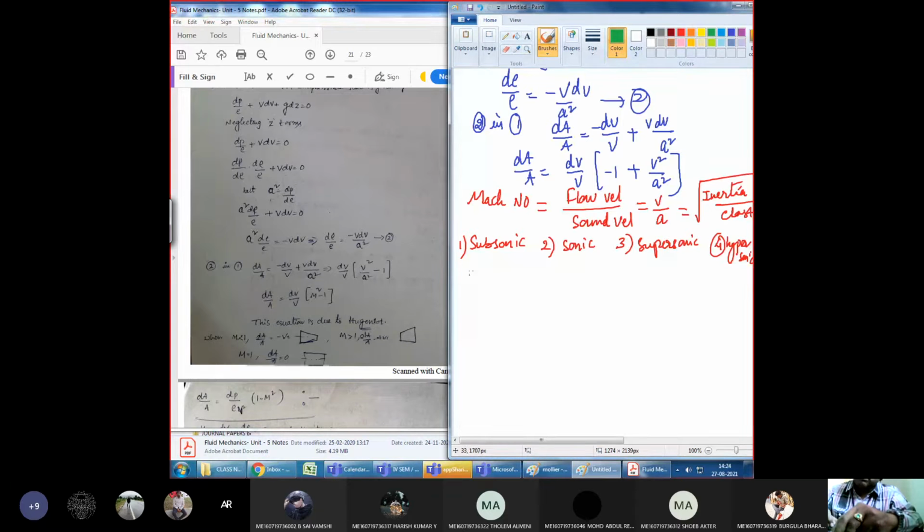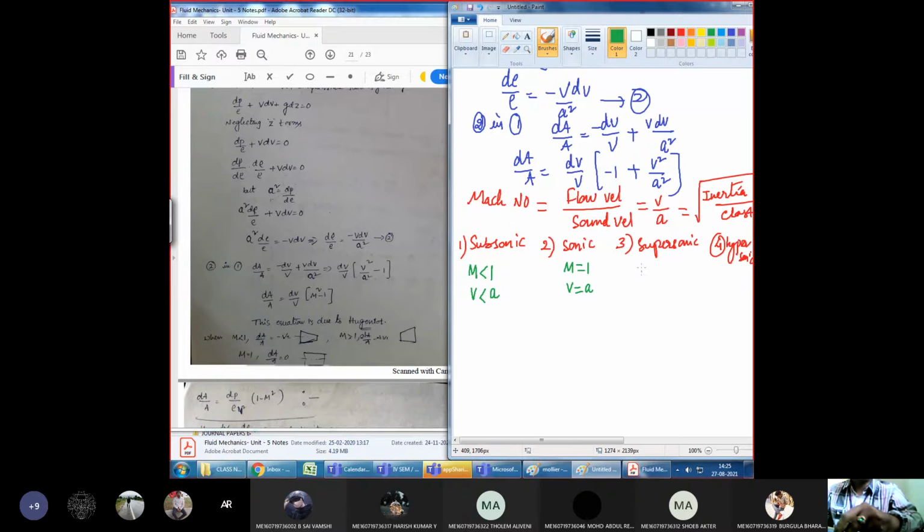In case of subsonic flow, the Mach number is less than 1, which implies flow velocity is less than sound velocity, because if you substitute M less than 1, then V by A is less than 1, so V is less than A. In case of sonic flow, the Mach number is equal to 1 and flow velocity is equal to the sound velocity.